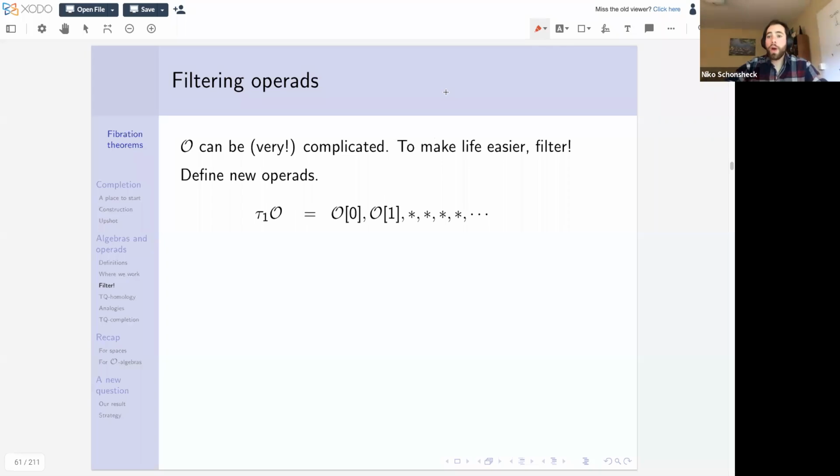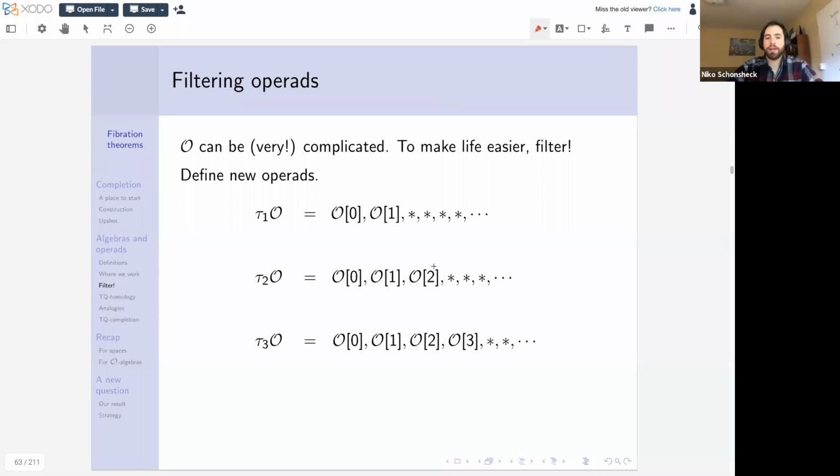So this has thrown away quite a bit of information. But the advantage is that it's simpler to understand. And then I can also throw away a little bit less information. I can build this operad tau2 that agrees with O at levels 0, 1, and 2, and then I kill everything off. And we can similarly define tau3, and we can keep going.